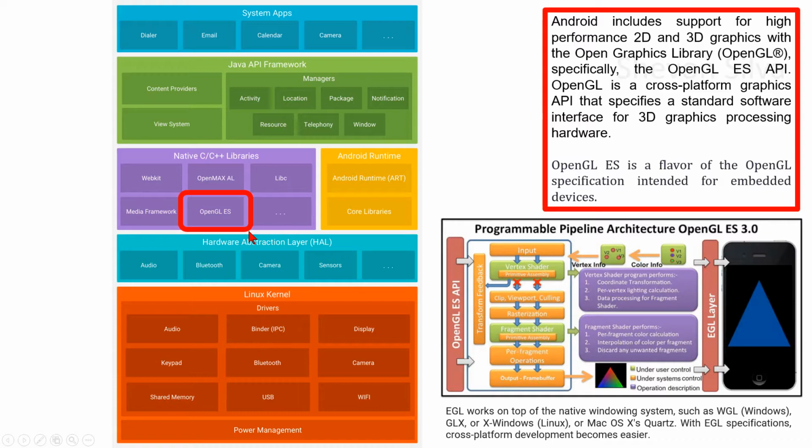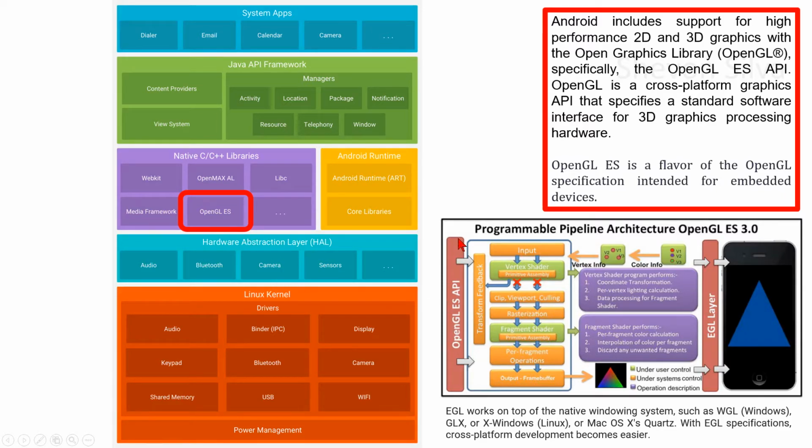OpenGL ES is a flavor of the OpenGL specification intended for embedded devices. EGL works on top of the native windowing system such as WGL on Windows, GLX on X Windows Linux, or Quartz on Mac OS X. With EGL specifications, cross-platform development becomes easier.